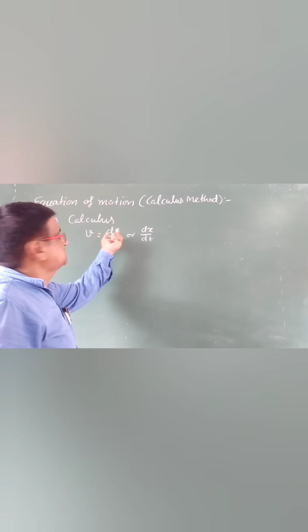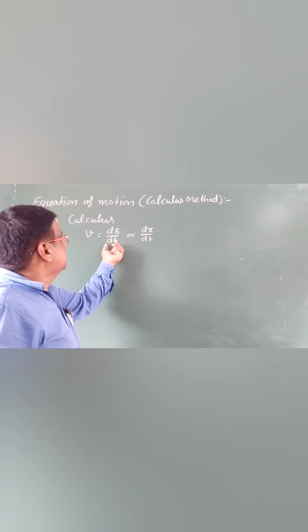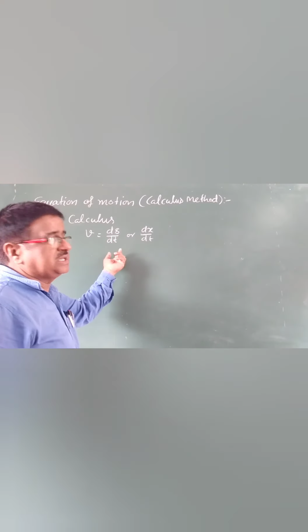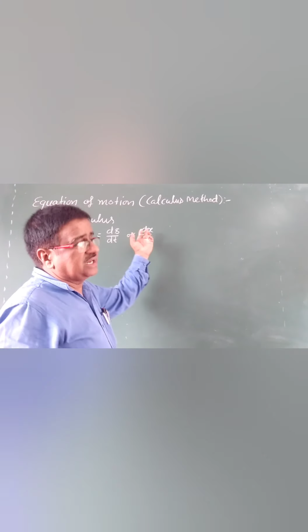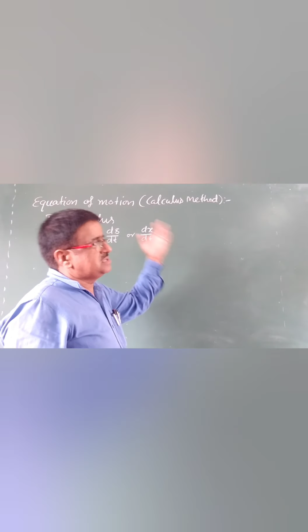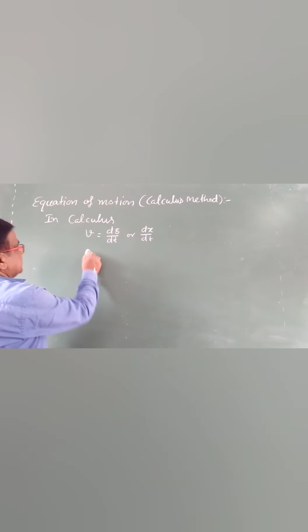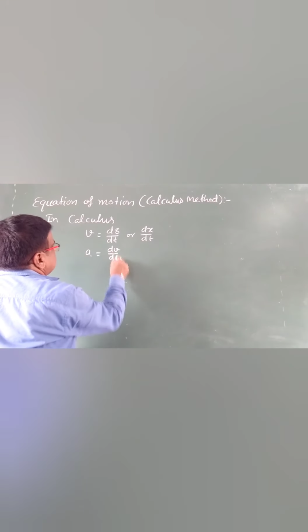In calculus, displacement is taken very small, so that is ds, and this is divided by dt, a small time interval. Similarly, you can take displacement in terms of x, y, z. So this is the velocity, and acceleration is written as dv by dt. So acceleration you can write this way.